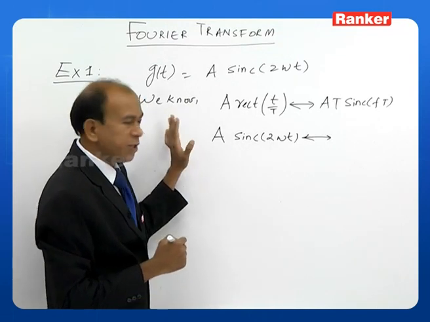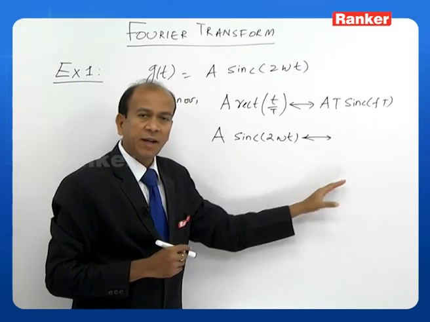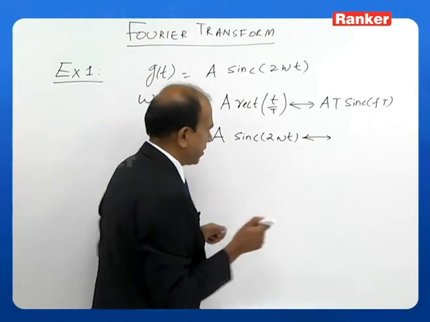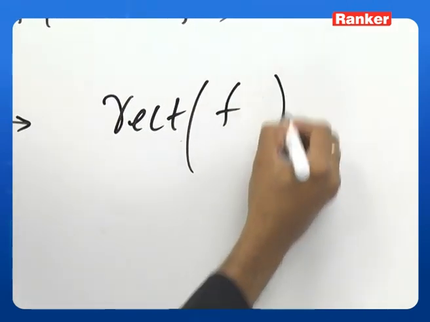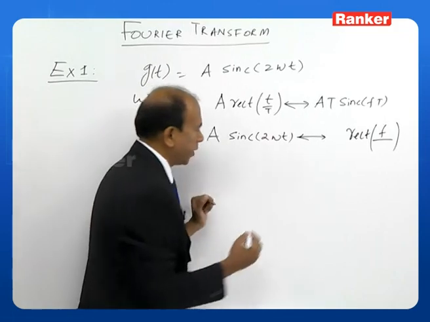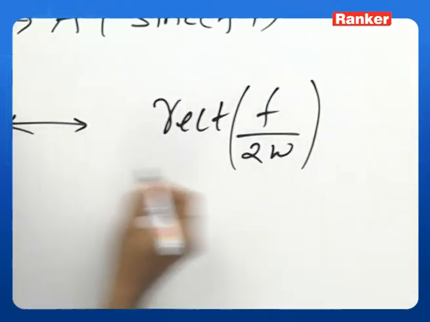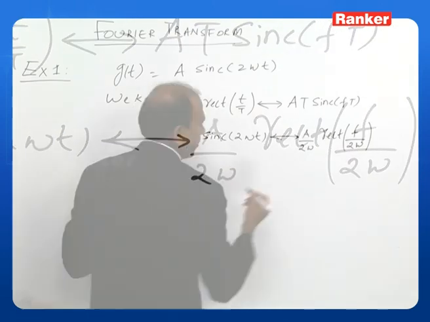Now, using the duality property, a sinc function in the time domain will have a rectangular function in the frequency domain. So let us write that first. It is a rectangular function in f. Here this is the scaling factor 2W. A is there, and it is scaled by a factor 2W.